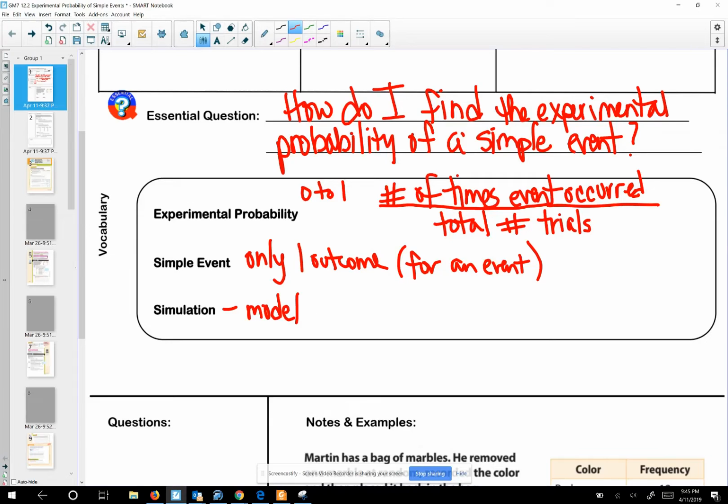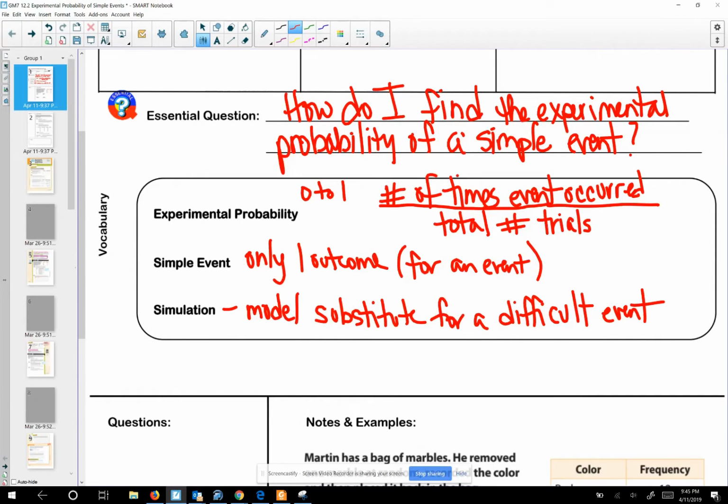So we're going to take this model and we substitute for a, let's say, a difficult or complicated event that's a lot more challenging to replicate.